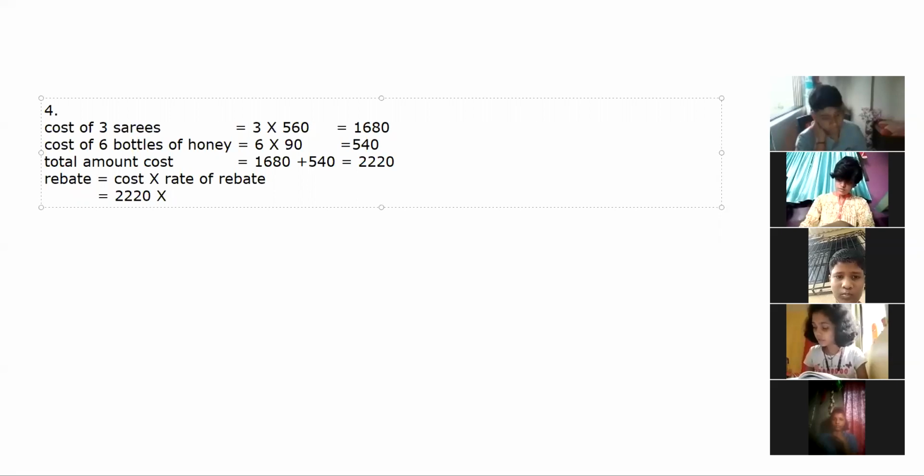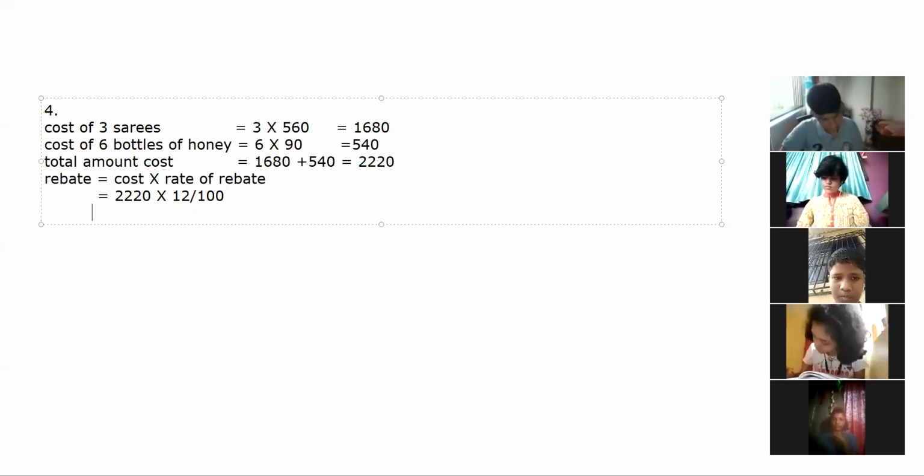Into rate of rebate. Rate of rebate means the 12% rebate. See, it is mentioned in the question, a rebate of 12%. So you have to write 12 upon 100. By solving this, you get the answer of 266.40. Okay.